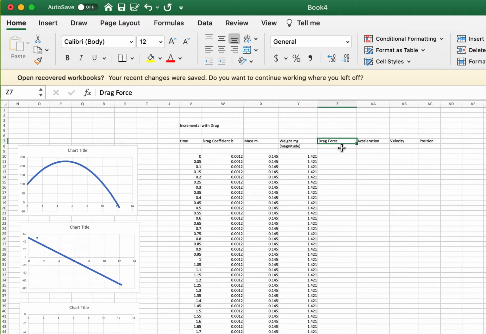And now the drag force. So the formula for it is F drag equals B times V times absolute value V, but then we put a negative in there, and I'm going to call it Vy because I like to include the y.